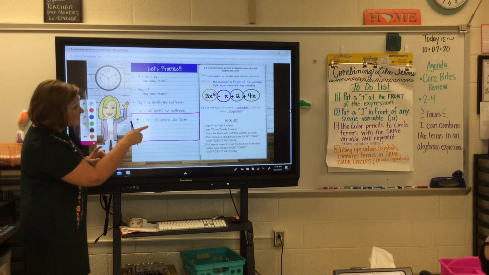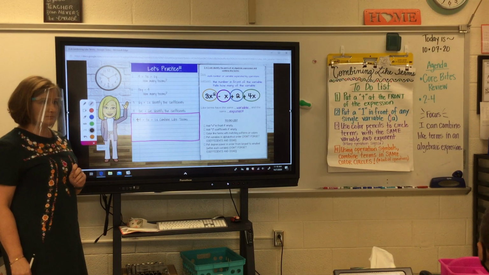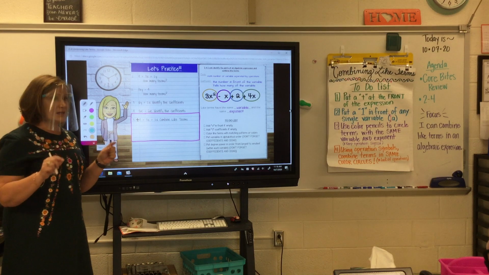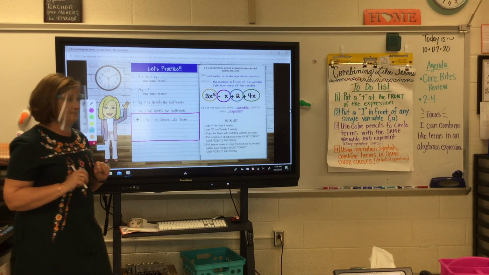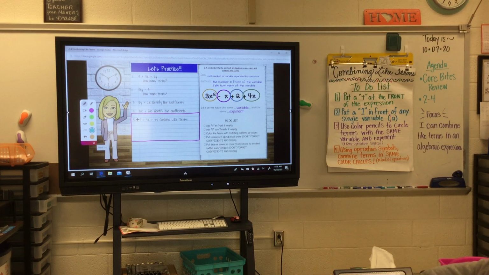Okay. Step 3 says what? Use a color pencil to circle terms with the same variable and exponent. Keep the operation sign. Okay. I want you to get colored pencils out. If you need colored pencils, raise your hand. Who needs colored pencils?